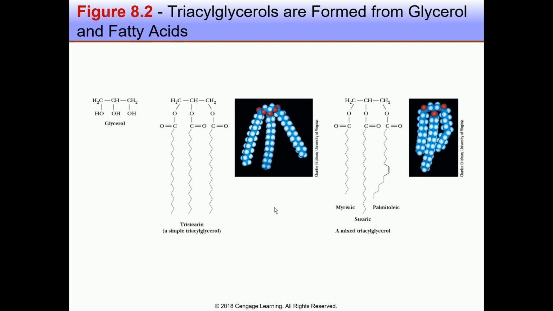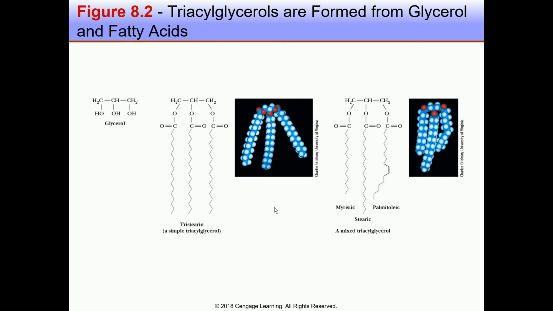Now these 3 fatty acids can be the same, or they can be different. Depending on the kind of fatty acids present in the fat molecule, if the fatty acids attached to the glycerol are saturated, the fat is called a saturated fat. Example, butter.